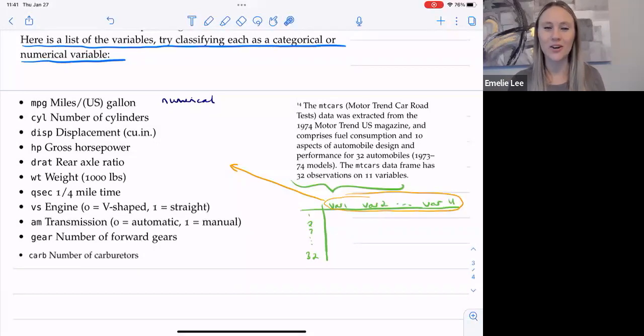Oh, you should make a car with 5.5 cylinders. No, the only options are 4, 6, and 8, as far as I know. Again, I don't know a lot about cars, but especially in 1974, 4, 6, and 8 cylinders were the options. And so then we would talk about how many of each of these cars there are. And so that would make it a categorical variable.